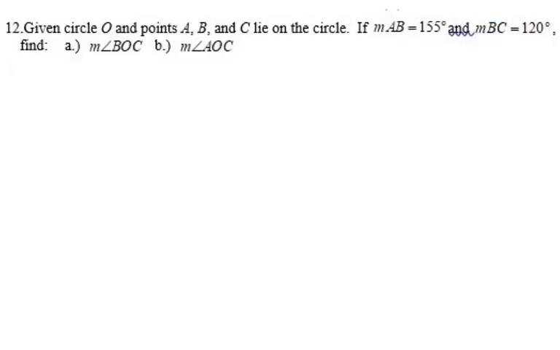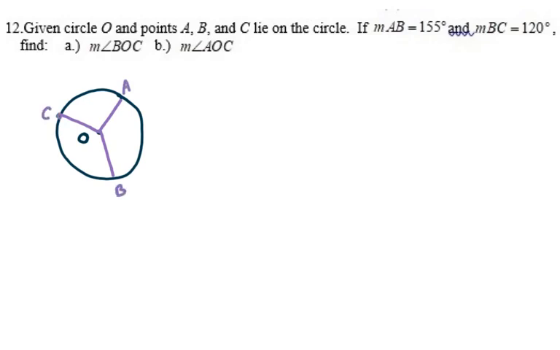For each of these next set of word problems, I'm going to start by drawing my circle first. So it says, given circle O, with the points A, B, and C. Those are each of our points drawn in.